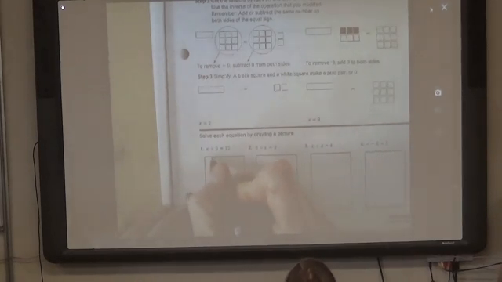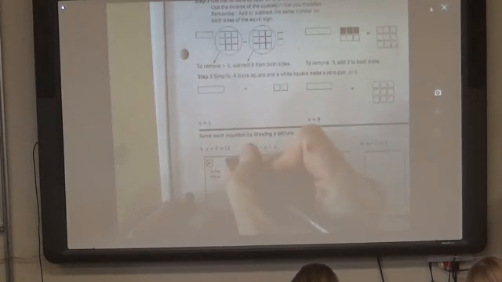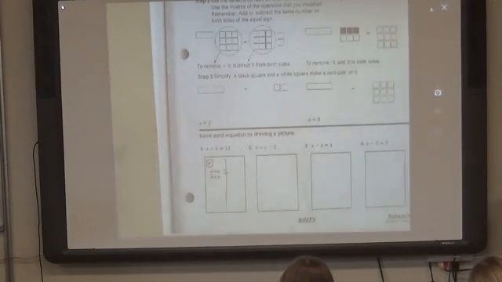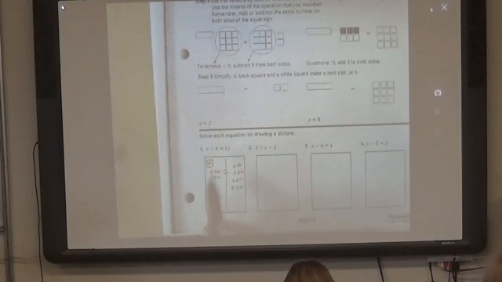Draw a box for x, and then 6 positives, and then you can draw a line for the equal sign, and that divides it into 2 sides. Okay? We're going to divide this into 2 sides, just like on the notes. And then 12 positives on the other side, because x plus 6 equals 12.